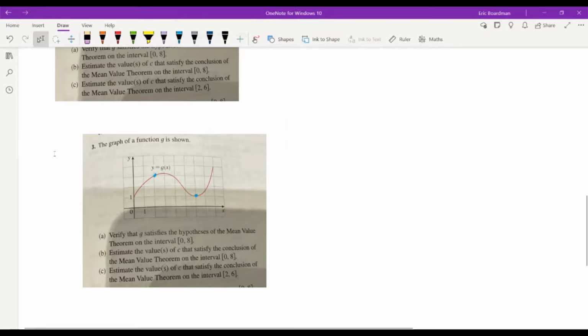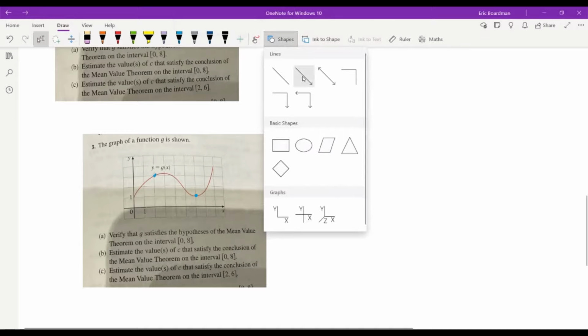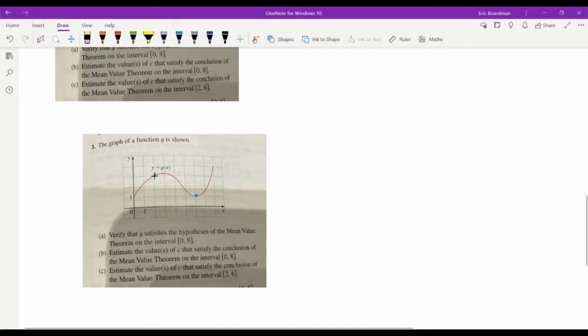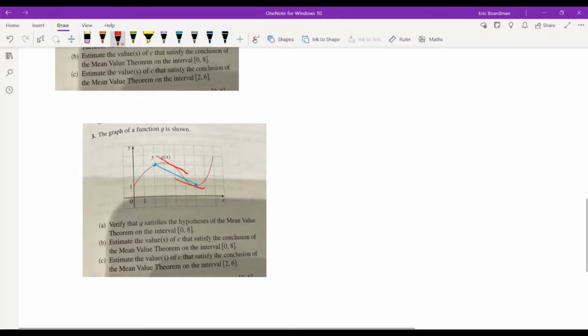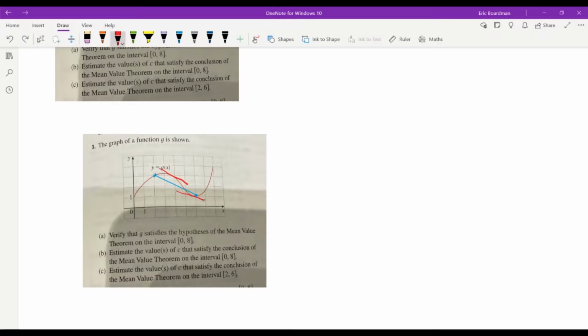And we want to draw a secant between them. So I'll do the line again. Once again, it's not exact, but that's a pretty good estimate actually. So I can see this one, and right here also, down here.